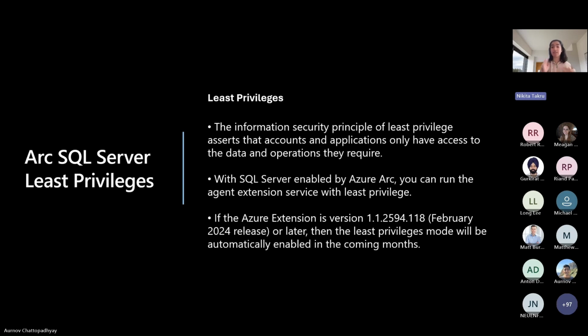So it only has access to folders and directories used for reading and storing configuration or writing logs. I would highly encourage everyone to go ahead and check out the information we have on this in our documentation. It's currently in public preview in the Azure CLI, so you may have already enabled it. But the main update here is that it will be automatically enabled for you in the coming months. So definitely do check that out as well.